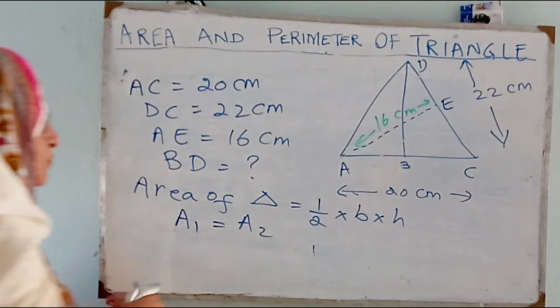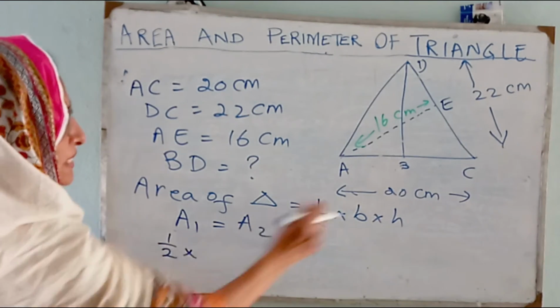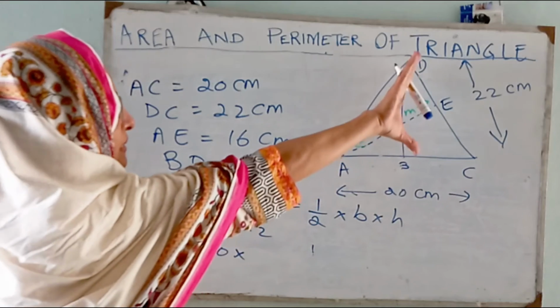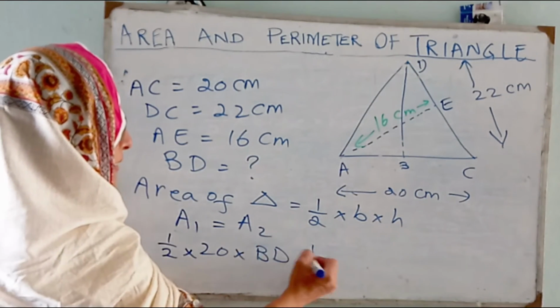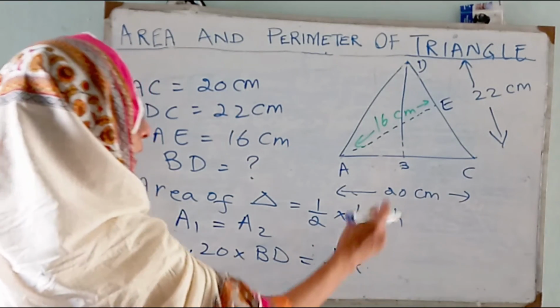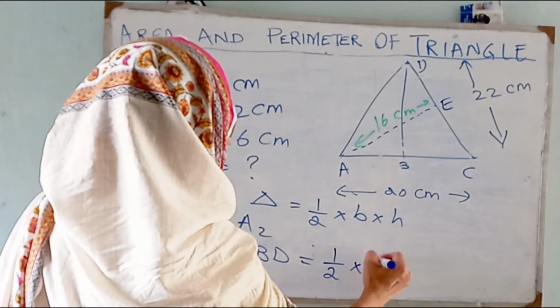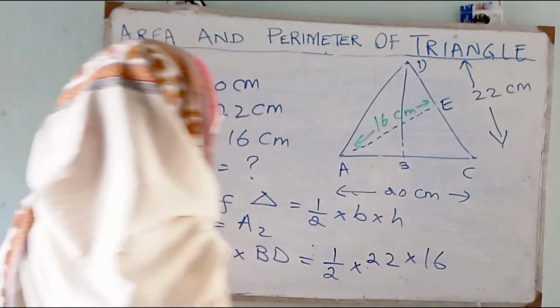If we are taking this 20 as the base, my formula will be half base, I have taken 20. For this 20, what is the height? This is the height which we don't know. This will be equal to half of, and now this 22 I am taking as the base, and the height for this will be 16. Right?